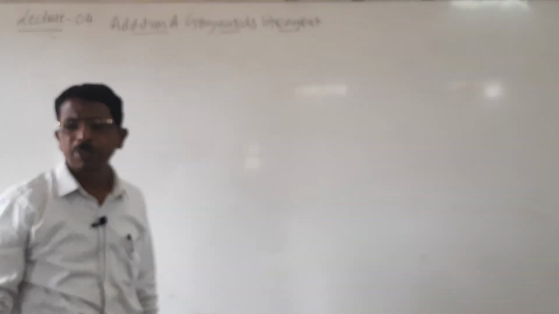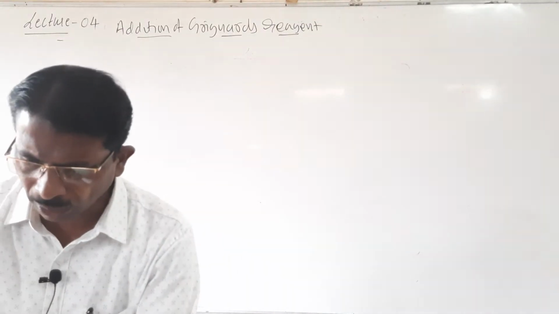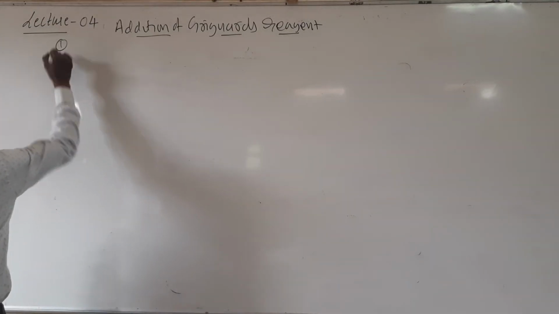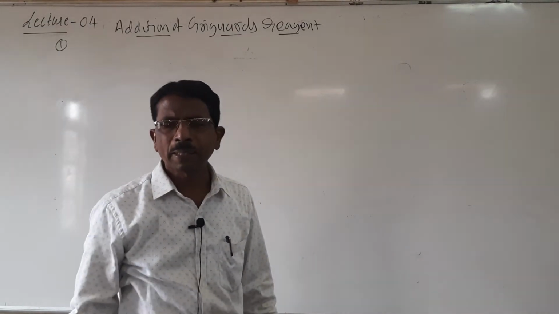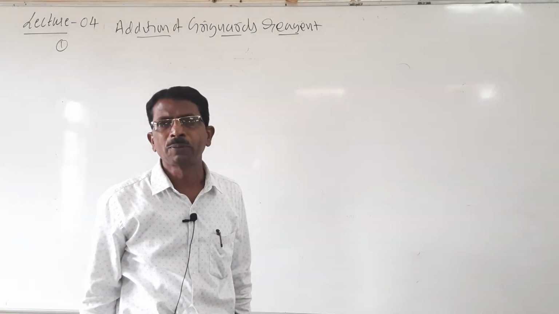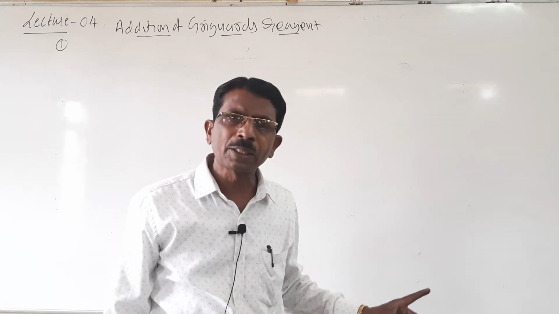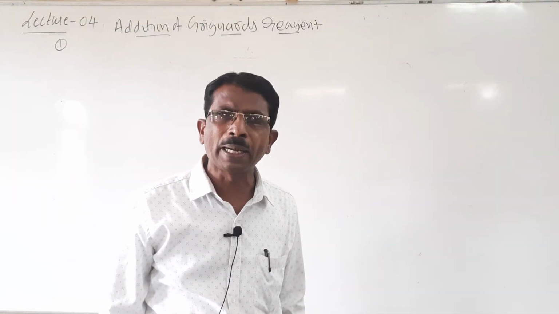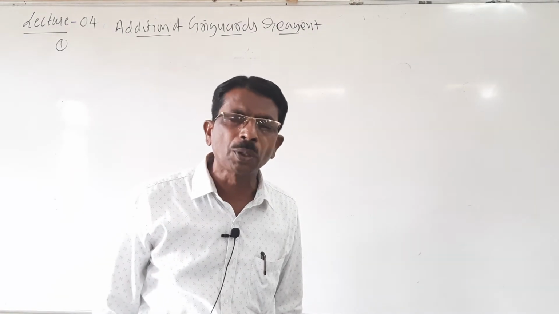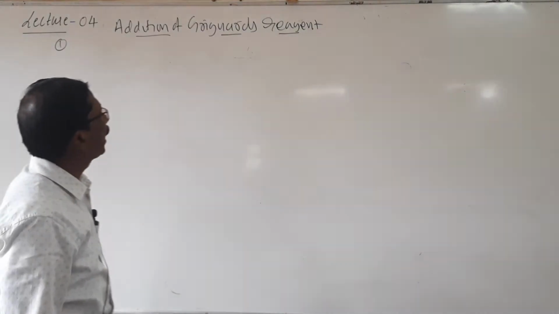Addition of Grignard's reagent. Look here students, addition of Grignard's reagent. So number 1, we know that whenever the Grignard's reagent is treated with formaldehyde, it forms primary alcohol. And whenever the Grignard's reagent is treated with acetaldehyde, it gives secondary alcohol. And whenever the Grignard's reagent is treated with acetone, it gives tertiary alcohol. So we will write one by one.